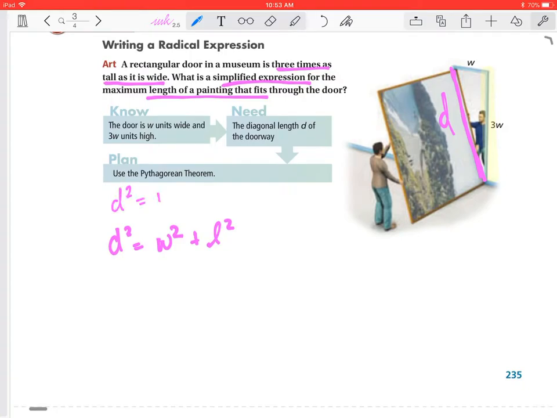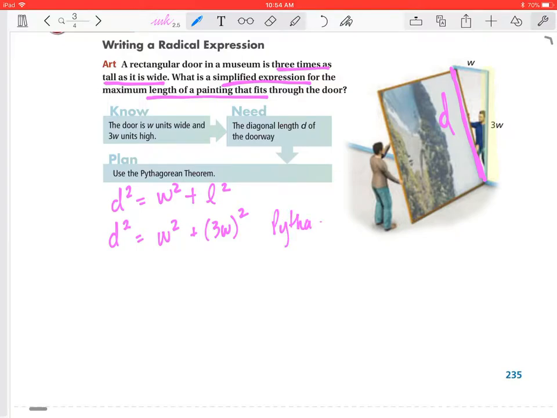So we have d squared is equal to w squared plus l squared. But we said that our length is 3 times the width. So let's rewrite this as d squared is equal to w squared plus, we're going to plug that in, (3w) squared. And we're using the Pythagorean Theorem.